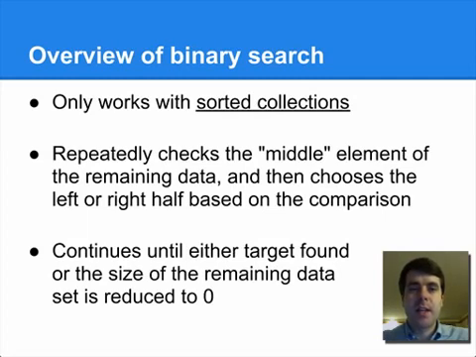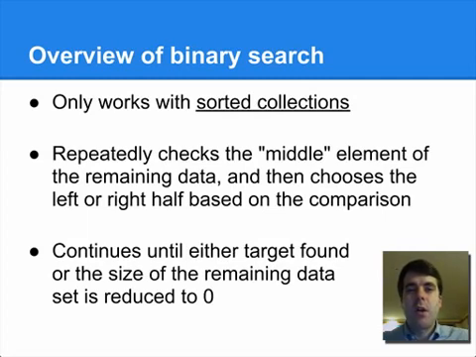The idea is that if we think about our array in the beginning as being an entire collection of numbers that might or might not contain the thing that we're looking for somewhere in there, what we do is we take the array and we go to the exact middle. Remember, it's sorted, so that exact middle is greater than everything that comes before it and less than everything that comes after it.